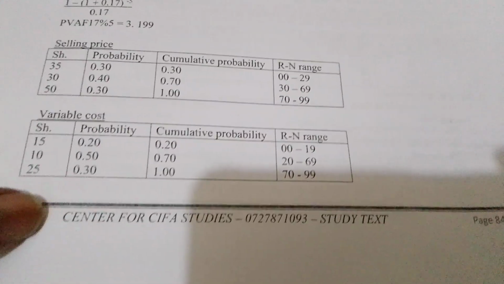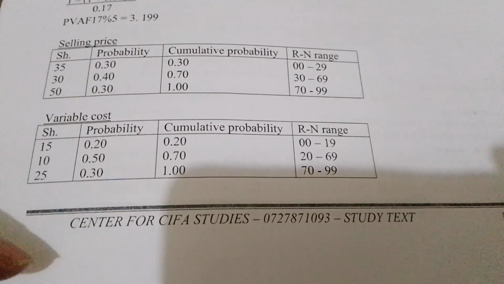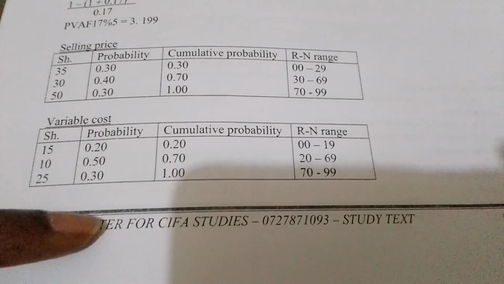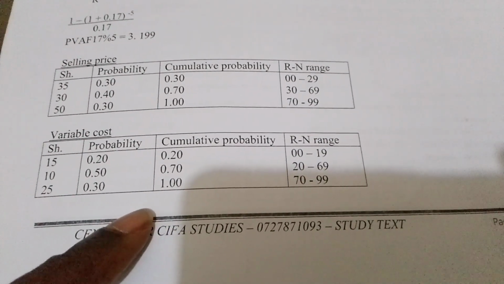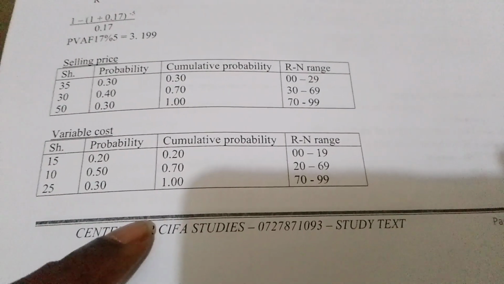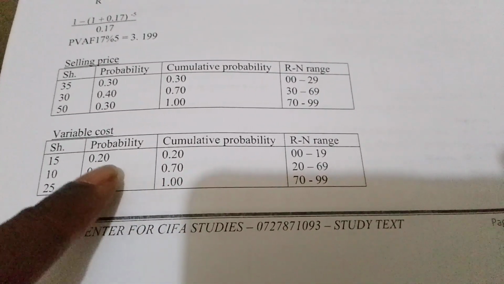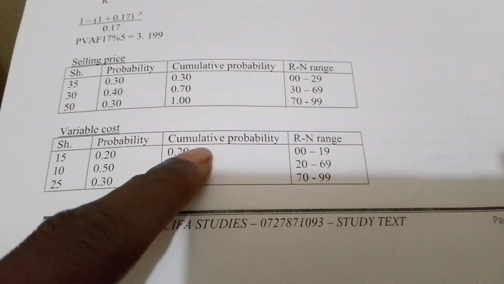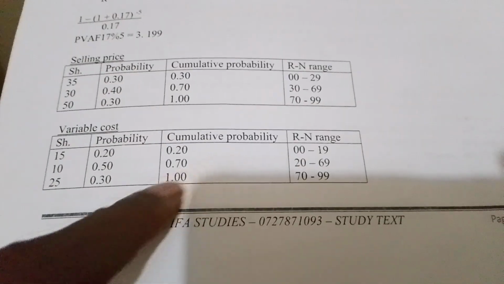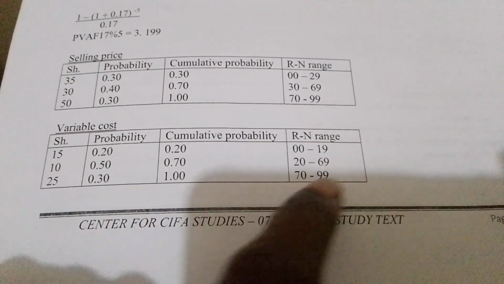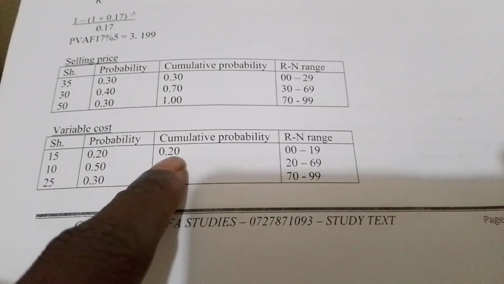Then variable cost now. If you look at your variable cost, you refer to the question. You just go back to the question, you find variable cost, we have shillings 15, 10, 25. Probabilities 0.20, 0.50, 0.30. Cumulative probability 0.20 plus 0.50 is 0.7. 0.7 plus 0.3 is 1. Random range, these numbers are in hundreds, two decimals.